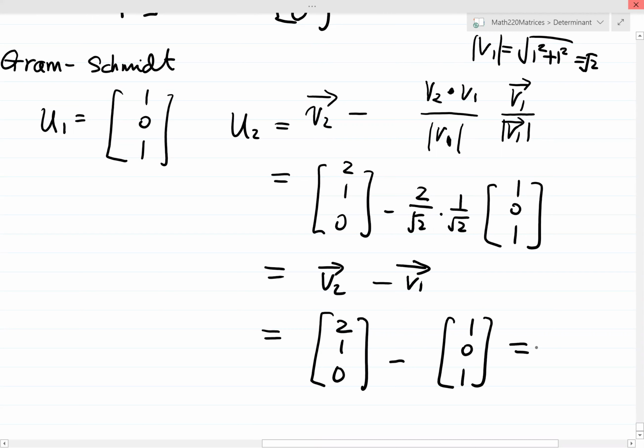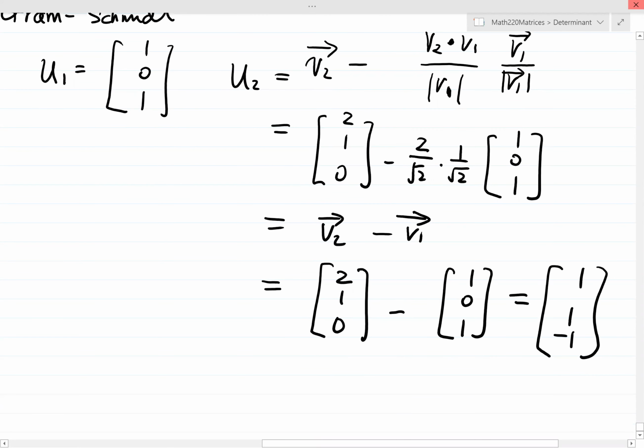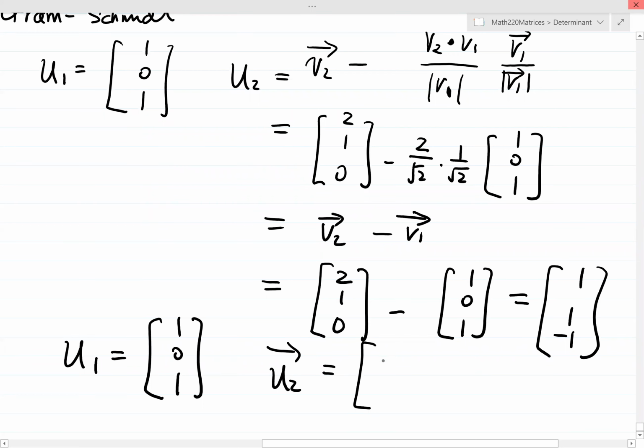So we get (1, 1, negative 1). It's very easy to check. U1 is (1, 0, 1) and this is u2, (1, 1, negative 1). Now they are orthogonal. You just do the dot product and you find they are orthogonal.